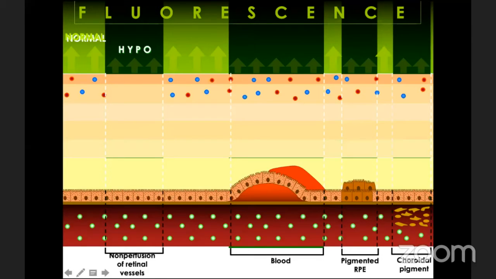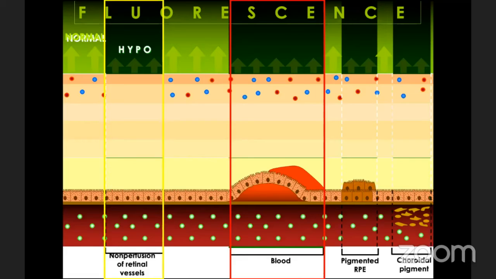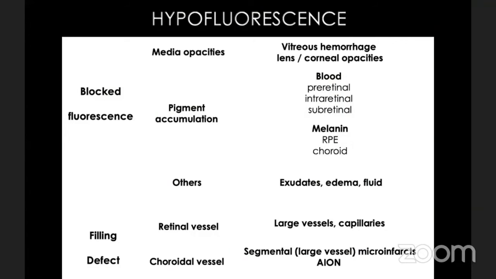Coming to hypofluorescence, it can occur when there is non-perfusion of retinal vessels, or when there is blockage of the transmission by blood, pigmented RPE, or choroidal pigments. Basically, hypofluorescence can occur due to blockage by media opacities like vitreous hemorrhage, or at the level of the lens or the cornea.